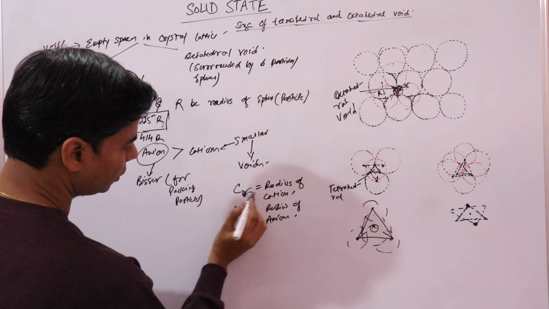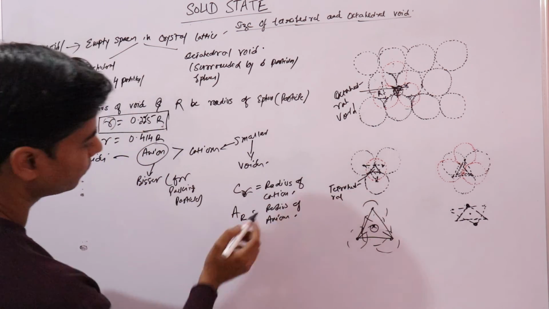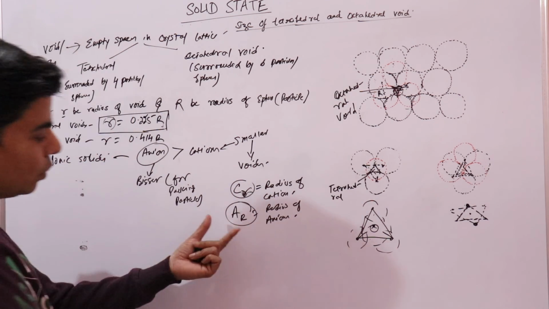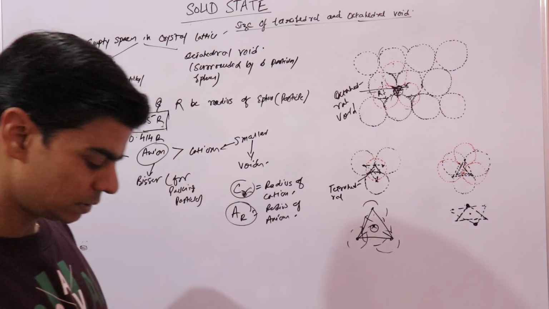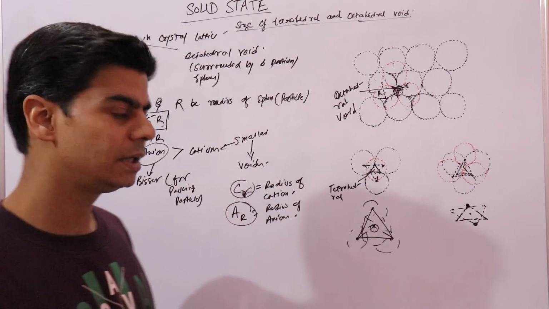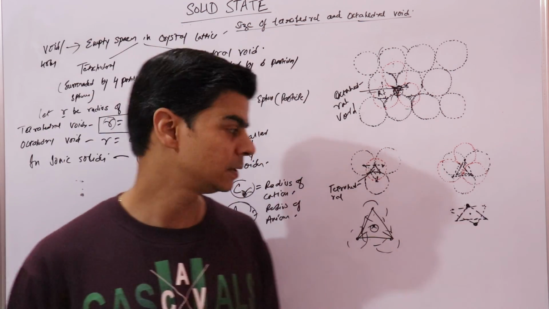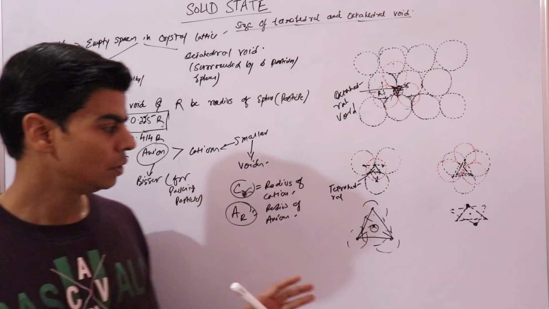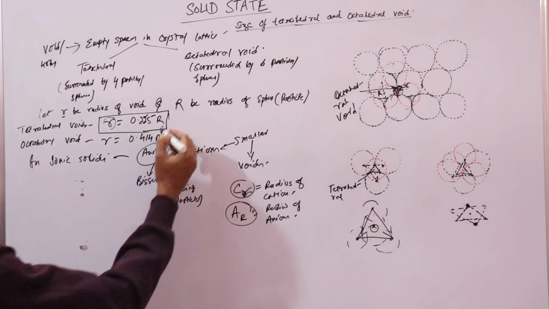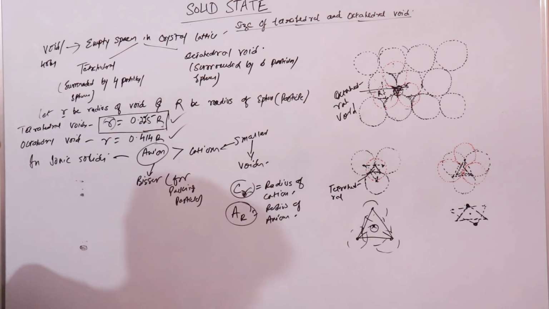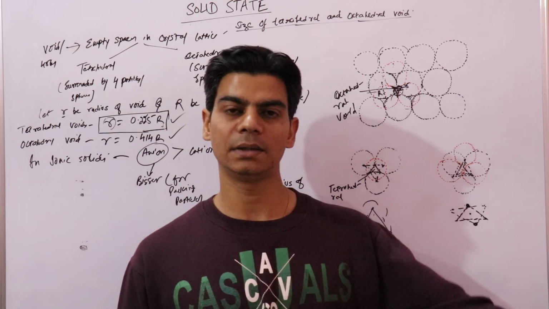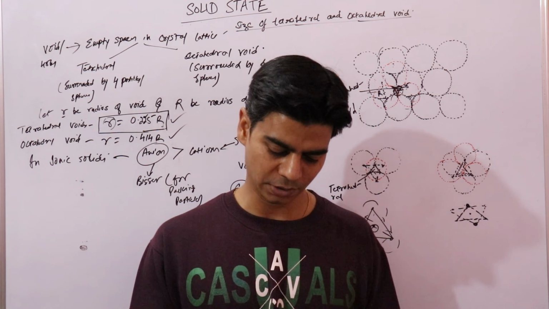If we go by these relations, if we know the radius of one of the particles, we can find the radius of the other. If we know the radius of anions, we can find the radius of cations. I hope all this is clear to you. Now in the next video lecture, we will see how to derive these two relations, the relation between the size of a void and that of the sphere, the packing particle. Thanks.